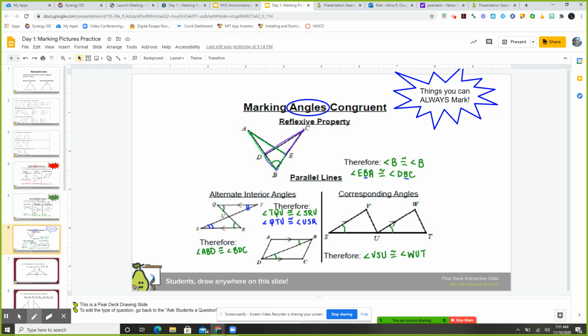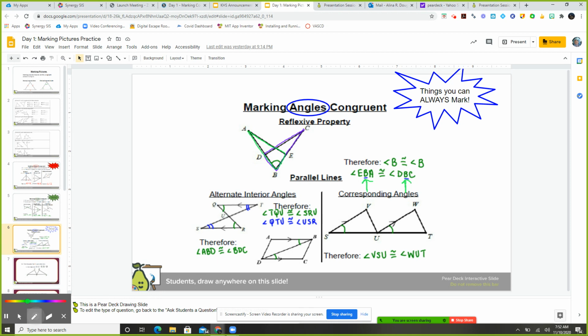They share an angle. They share B. And we can see that right here. B is that middle angle. Okay. So B in the blue triangle is going to be exactly the same as B in the green triangle because they overlap. Just like our sides occupy the same space, you can have reflexive angles that occupy the same space.